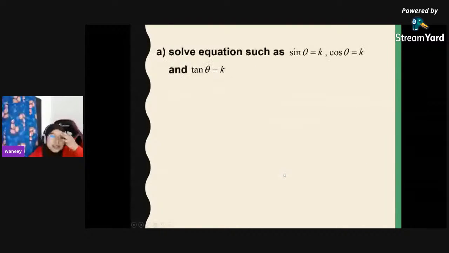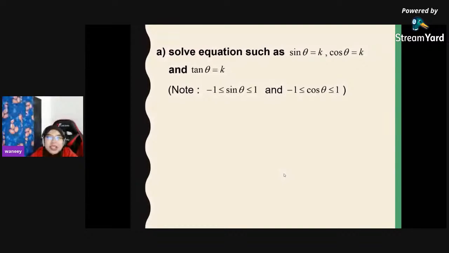Next. Solve the equation such as sine theta equal to k, cos theta equal to k, and tangent theta equal to k. Basically you have to take note of one thing: sine theta should be in between -1 and 1. Why is that? If you draw the graph for the sine theta, the highest point will be 1 and the lowest point will be -1.